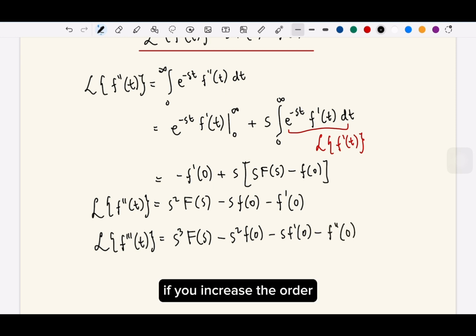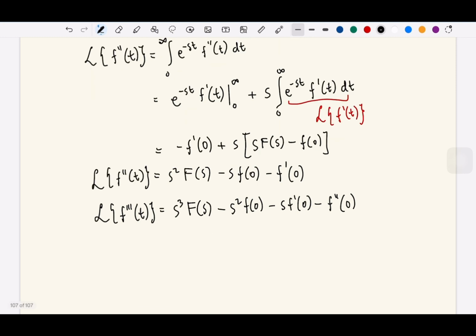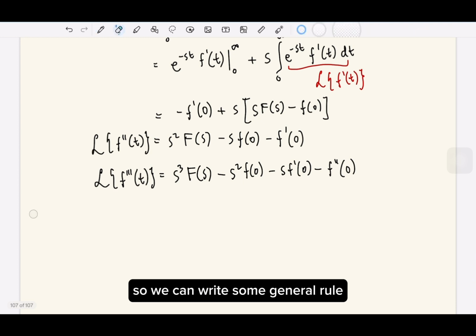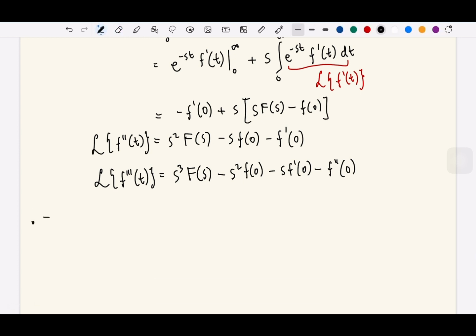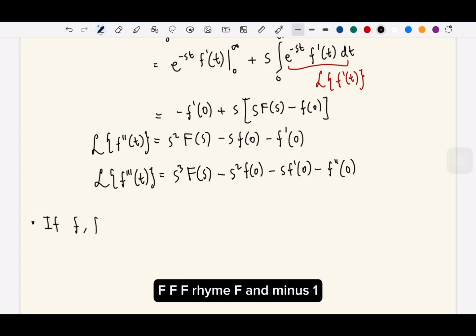And if you increase the order, you will see the similar pattern. So we can write some general rule for the nth derivative.